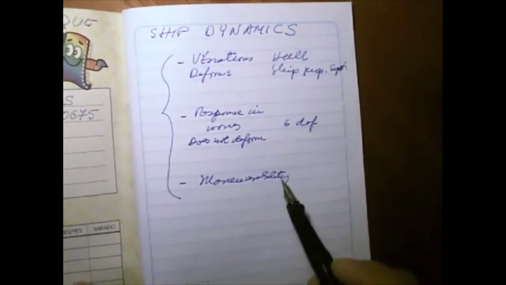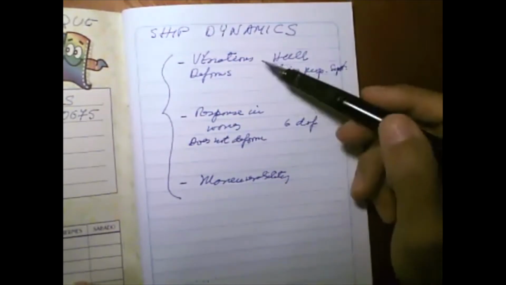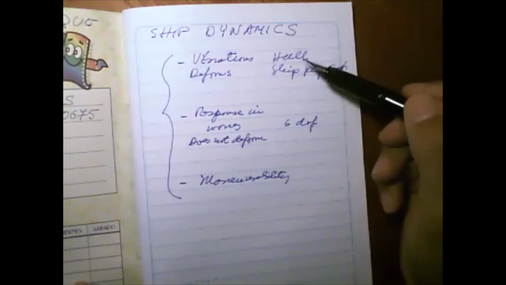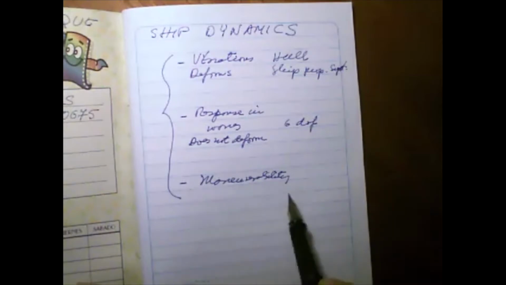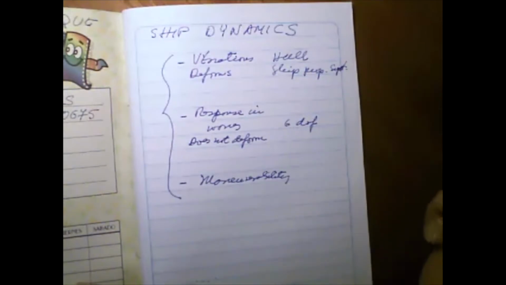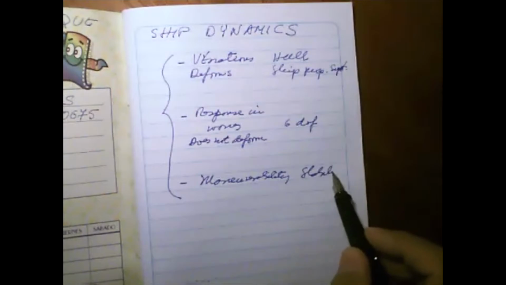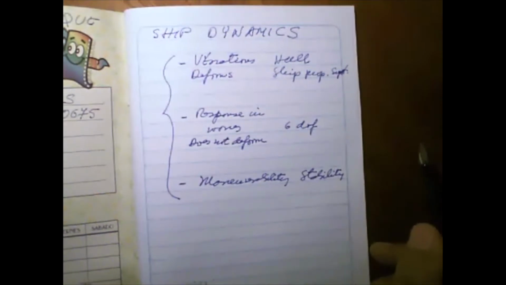The other area is maneuverability. These two are really oscillations, so the system moves around a certain equilibrium position. In maneuverability, you don't have oscillations, but you have a behavior that depends on time. Here, for example, you study problems like stability of direction and things like that.